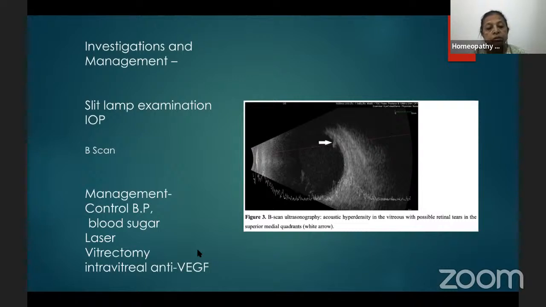So you can start along with this homeopathy treatment also, because it's a systemic cause which can control your vitreous hemorrhage. Because in the case of intravitreal anti-VEGF also, there are chances of other complications. Not in all the cases, but in certain cases, yes, you can have infection, or the bleeding also can increase.